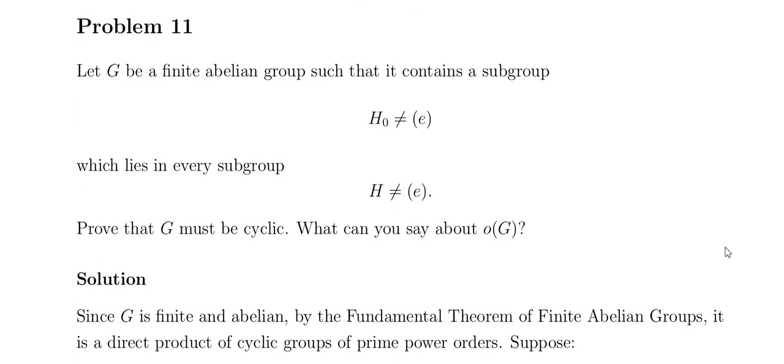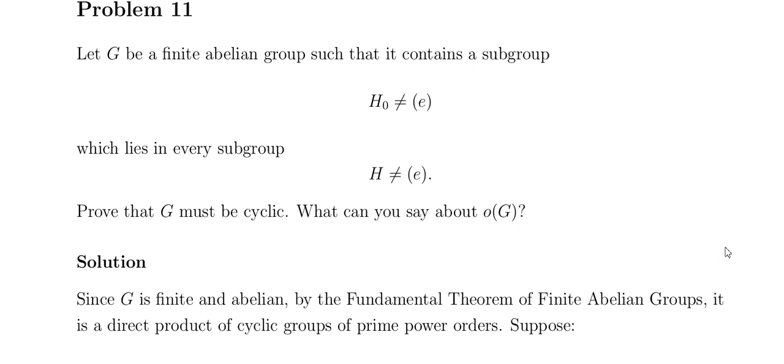And another one: G be a finite abelian group such that it contains a subgroup H0 not equal to E, which lies in every subgroup H not equal to E. Then G must be cyclic. So G is a finite abelian group that contains a non-identity proper subgroup H0, not equal to E, which lies in every subgroup H not equal to E, then G must be cyclic.